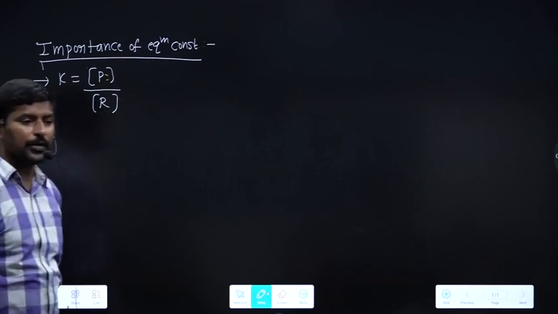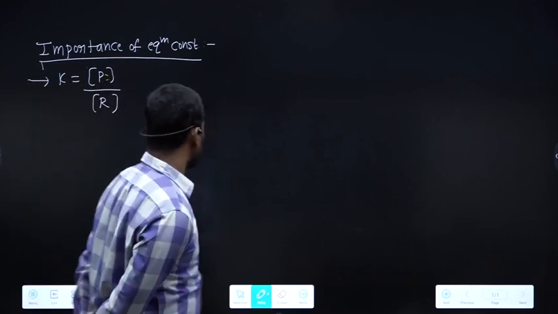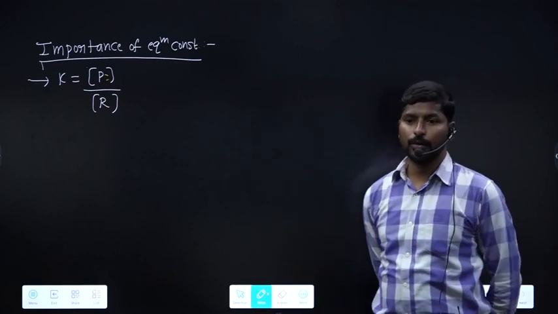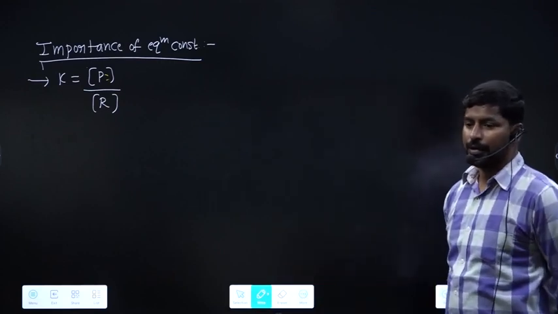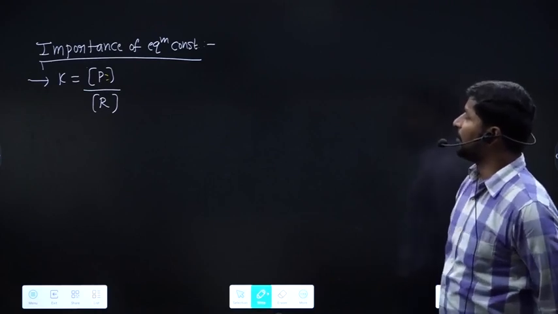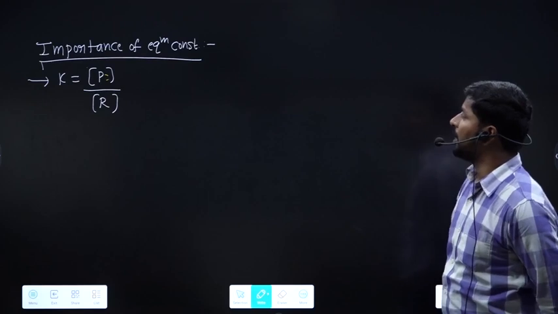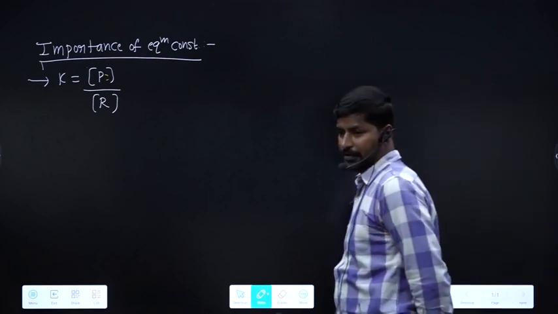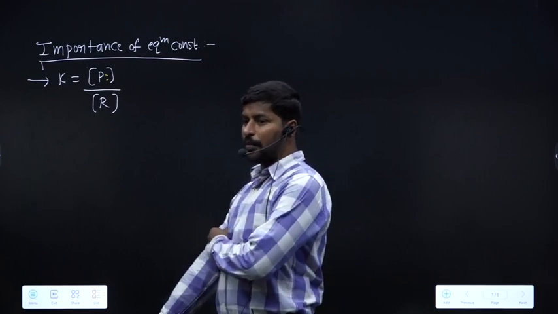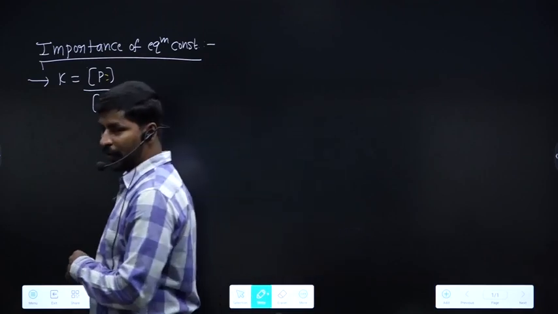Next, if K value is low, reactants dominate over products.